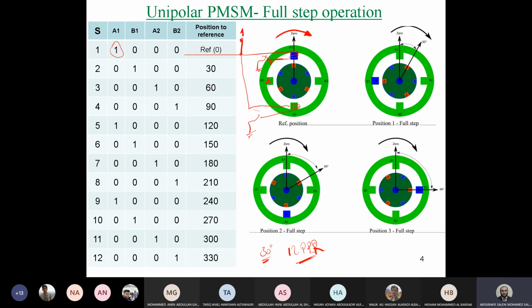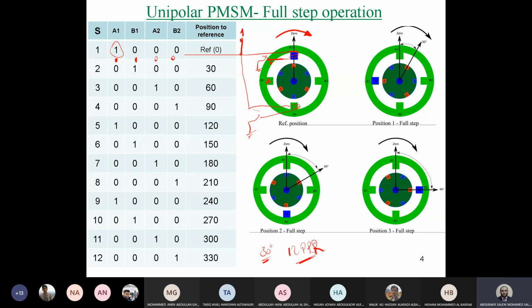If we make an OR gate between these two steps, it will be 1, 1, 0, 0, which means A1 and B1 are energized. So now this is N and this is N as well at the same time. Is there any objection to the rotor moving only 15 degrees, with the S poles in the midpoints between the two poles?